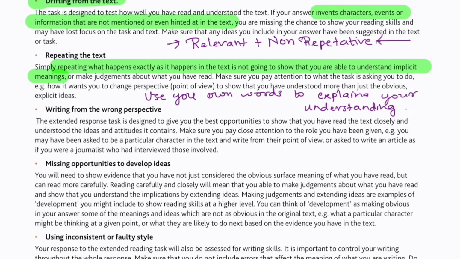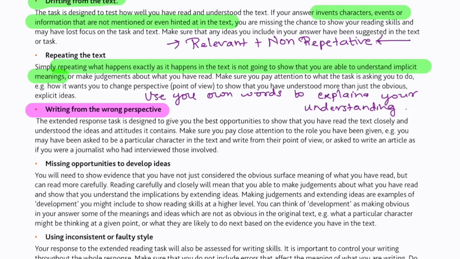The extended response task is designed to give you the best opportunities to show that you have read the text closely and understood the ideas and attitudes it contains. Make sure you pay close attention to the role you have been given. For example, you may have been asked to be a particular character in the text and write from their point of view, or asked to write an article as if you were a journalist who had interviewed those involved.